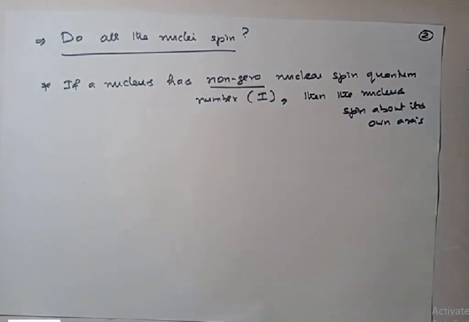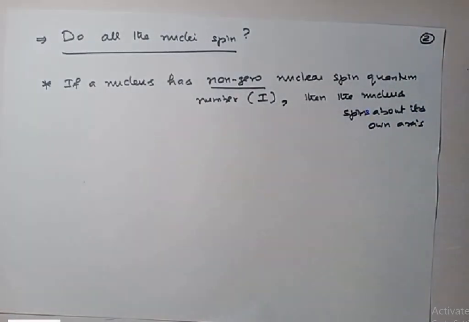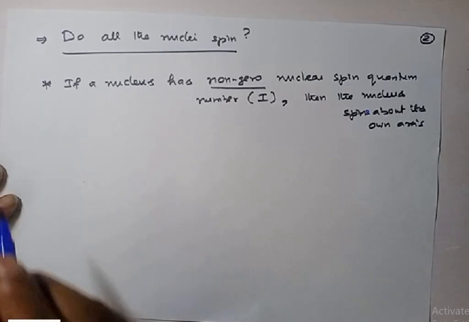Observe this very, very important part. If a nucleus has non-zero nuclear spin quantum number, then the nucleus spins about its own axis. Listen carefully. What is this spin quantum number?